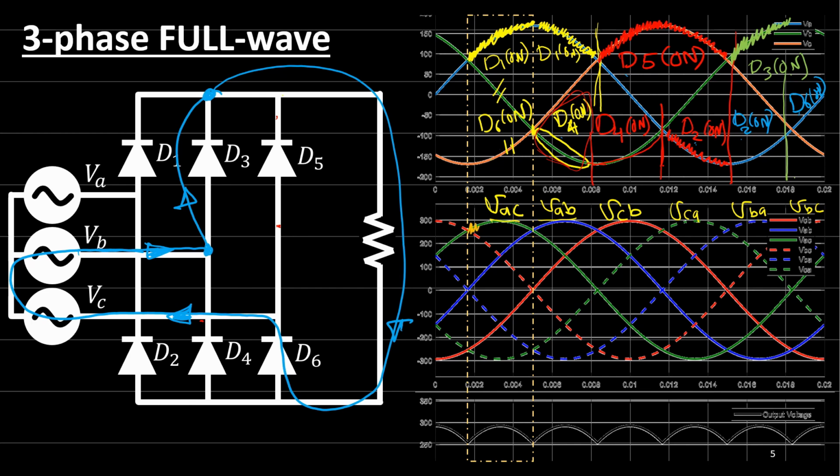This voltage, the output, will be this output. And as you can see, the ripple here is much smaller than the ripple in the single phase or in the 3-phase half-wave rectifier, because here we have 6 waveforms collaborating in order to generate one DC output.